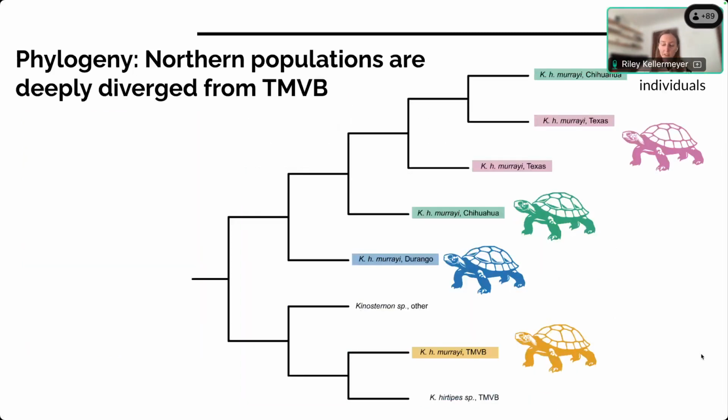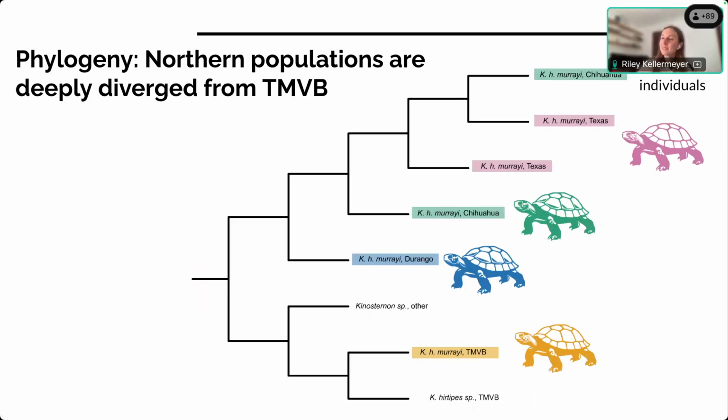So we took our genetic data, our massive data set, and started with just a phylogeny. How are these turtles historically related to each other? So down here you have your Kinosternon species in general, the other ones. You have your murrayi that live near Mexico City. You have other Kinosternon subspecies. That's your, please don't make me say the names again, but like your terrescent, your other subspecies.